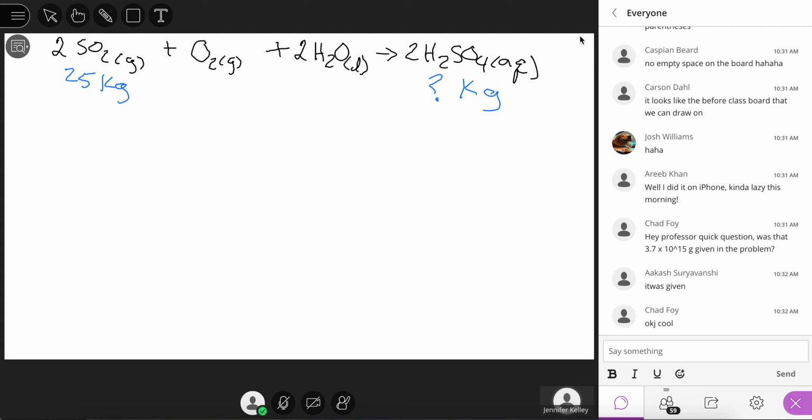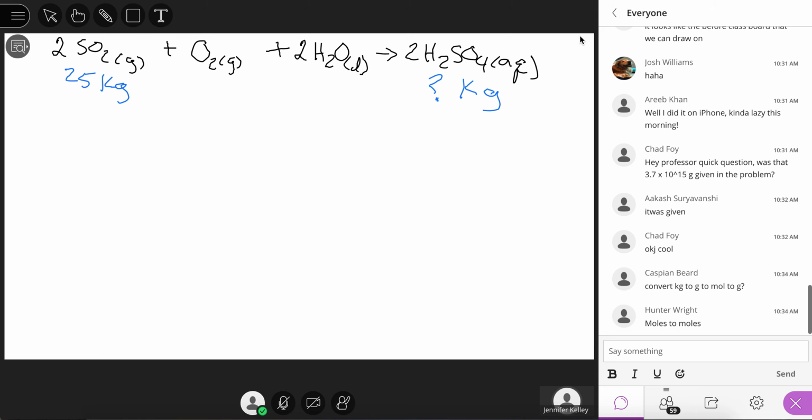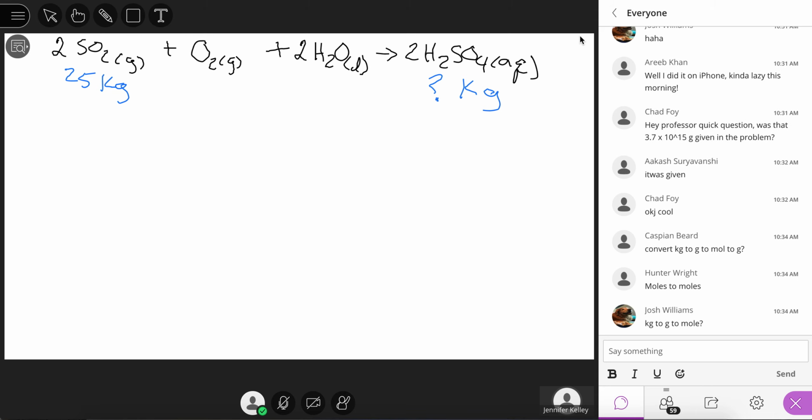There are a couple of things. The first thing is to kind of map your way through it. Now, we know that if we're going from sulfur dioxide to sulfuric acid, do we do grams to grams, moles to moles, kilograms to kilograms? How do we get from one to the other? Correct. Caspian is right. And then Hunter's right. Yep, Josh is right.